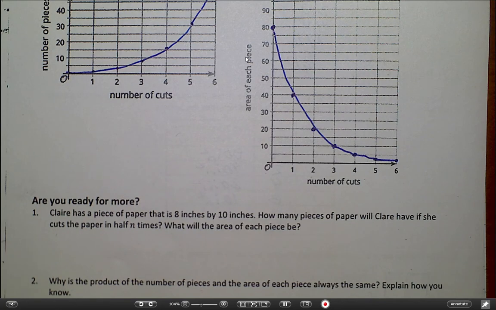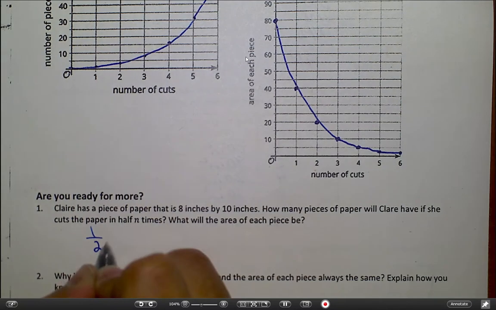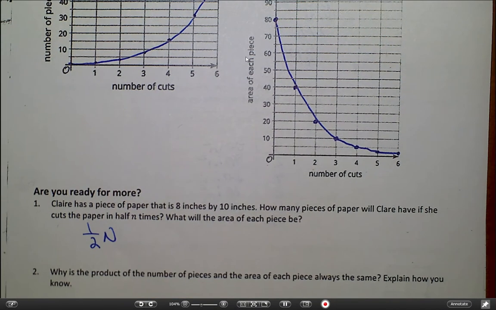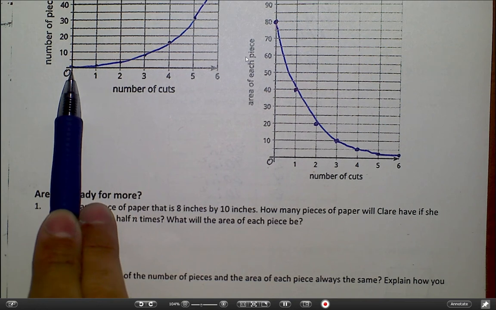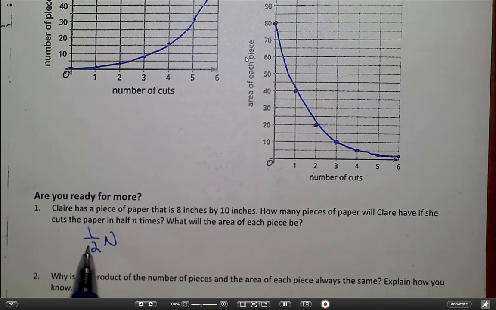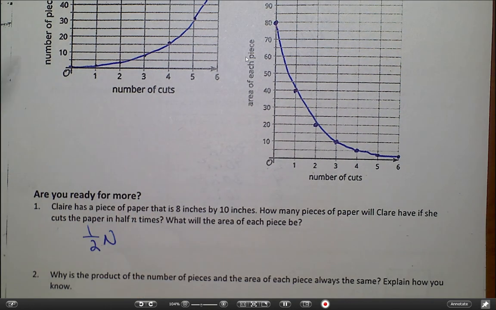Okay, so now, anyone think they could have a rule for that one? 1/2 n? Okay, let's see. So 1/2 n. Let's see if that matches. So 0 cuts, it would be, anything times 0 is? 0.